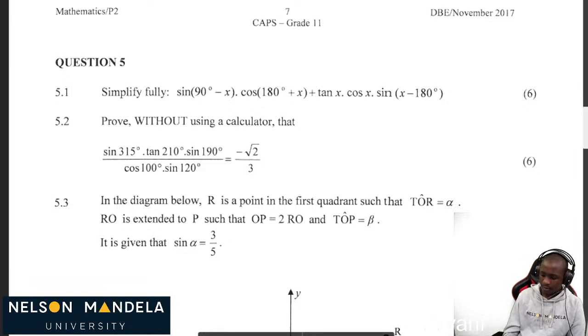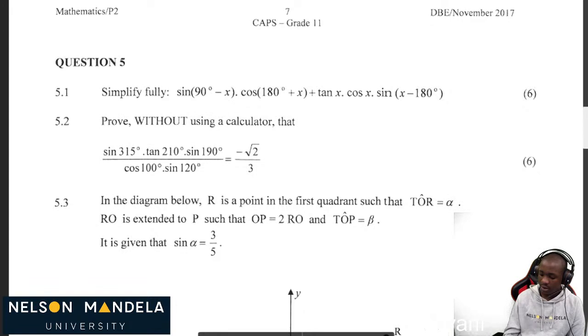5.1. Simplify fully sine of 90 degrees minus x times cos of 180 degrees plus x plus tan x times cos x times sine of x minus 180 degrees.